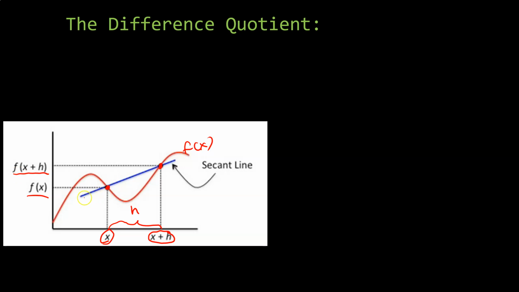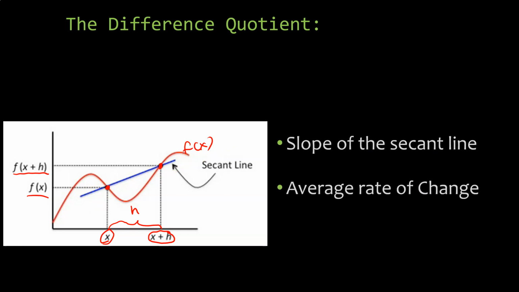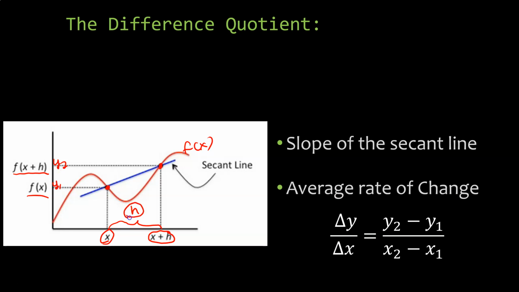Now, this blue line is what we call the secant line. So then the slope of that secant line is what we also know as the average rate of change, which is change in y over change in x. So you'll have y2 minus y1 over x2 minus x1, which would just be the distance h.